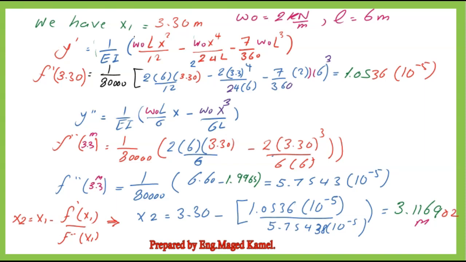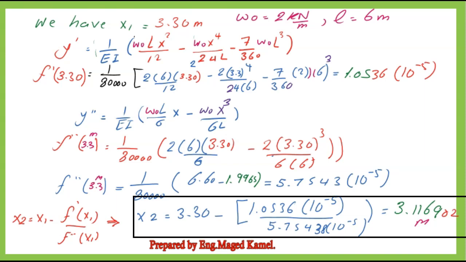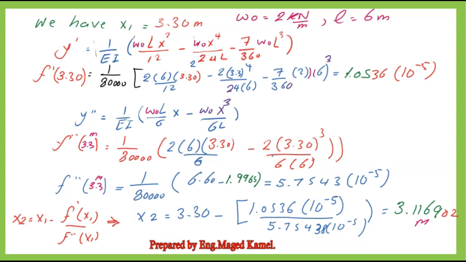But this will be x2, so x2 equals 3.3 minus the y dash value, which is 1.0536 by 10 to the minus 5, divided by the y double dash value, which is plus 5.7543 multiplied by 10 to the minus 5. This is positive, so the value will be deducted from the 3.3 and will be equal to 3.116902.